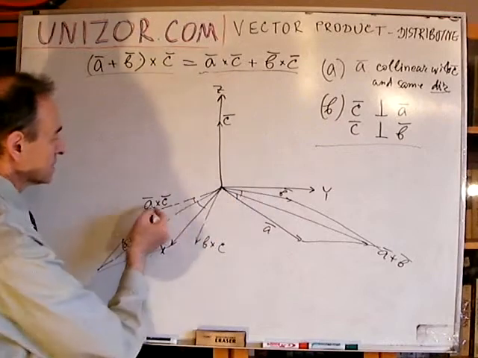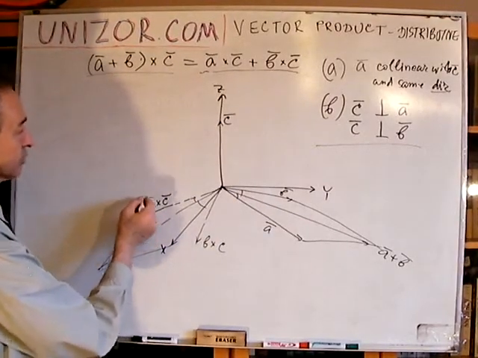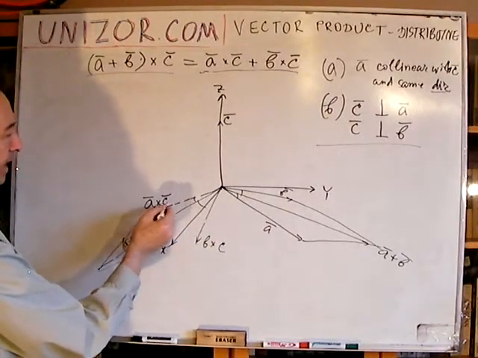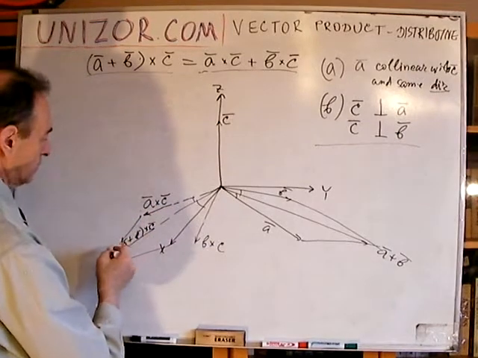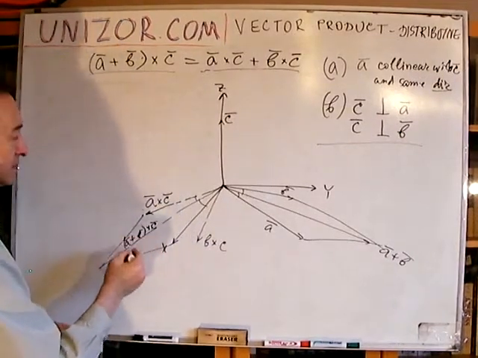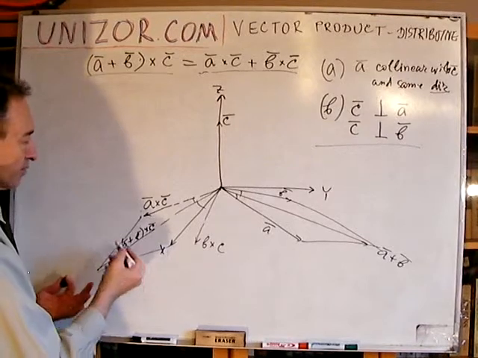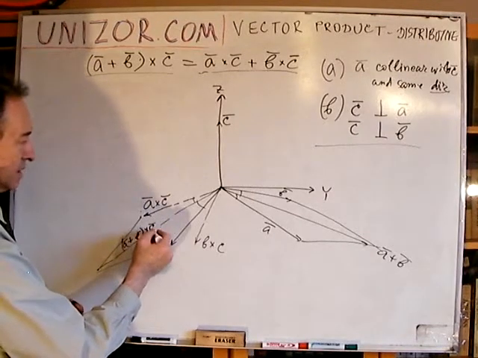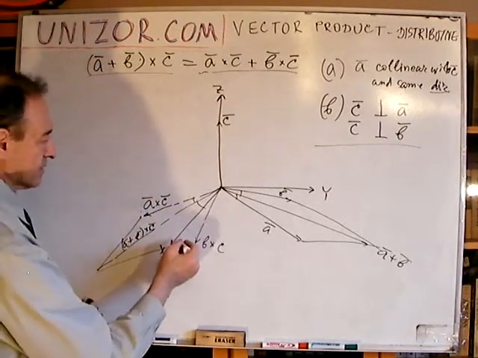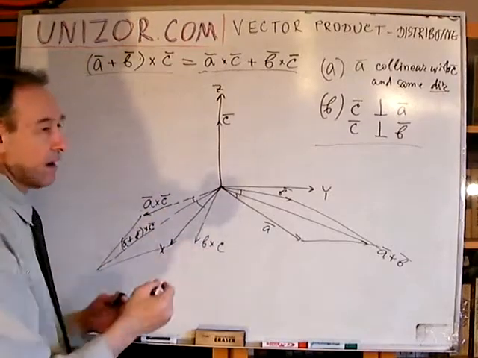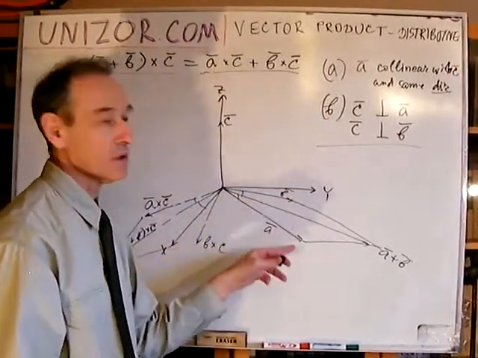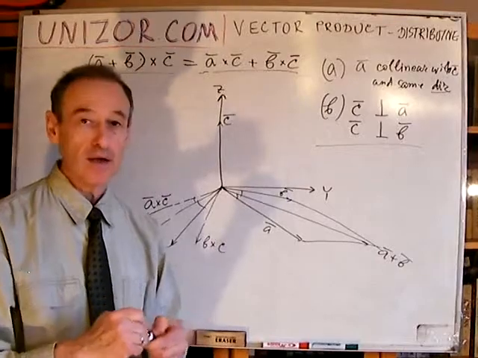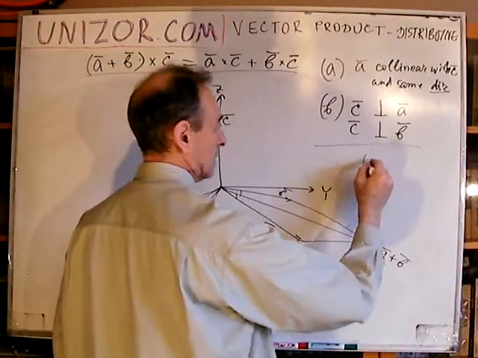So the length is actually equal to the product of lengths. The length of A plus B times C is the product of lengths of A plus B and C. And same thing with this. So all these lengths are proportional to the original lengths, just the scaling factor is the length of C.